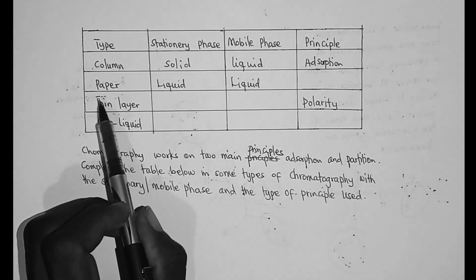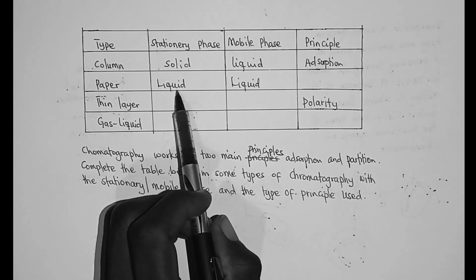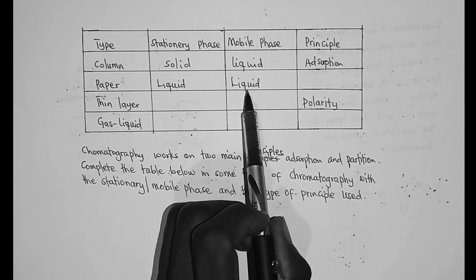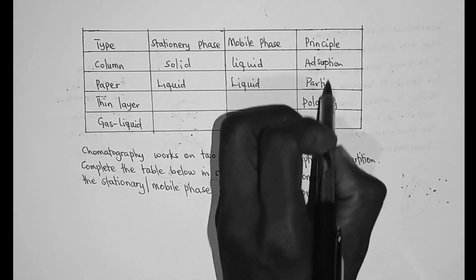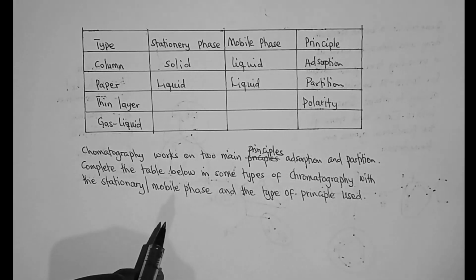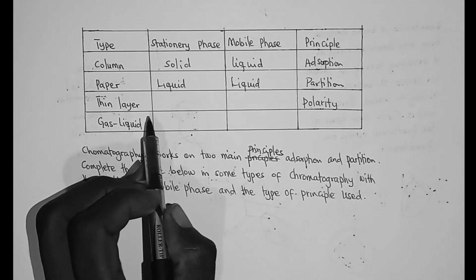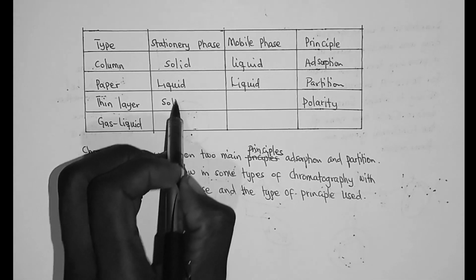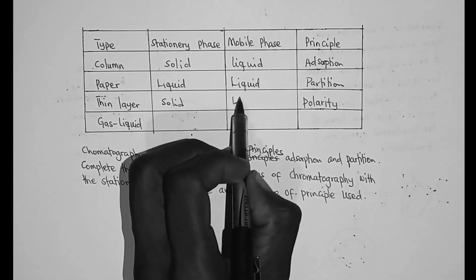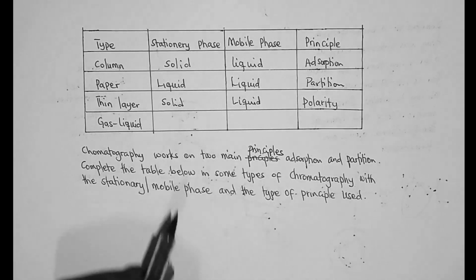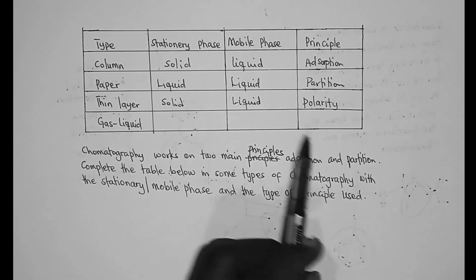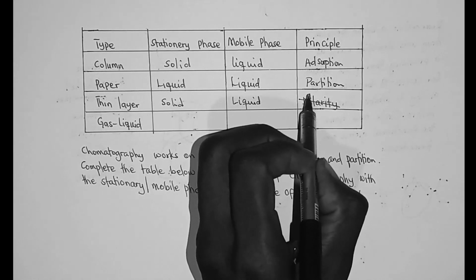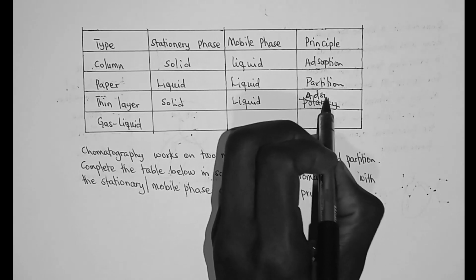And then for a paper chromatography, stationary phase is liquid, and then the mobile phase is also liquid. And then the principle used is the partition principle. And then for the thin layer chromatography, the stationary phase is solid, the mobile phase is liquid, and then the principle is the polarity. Absorption. So here's absorption.